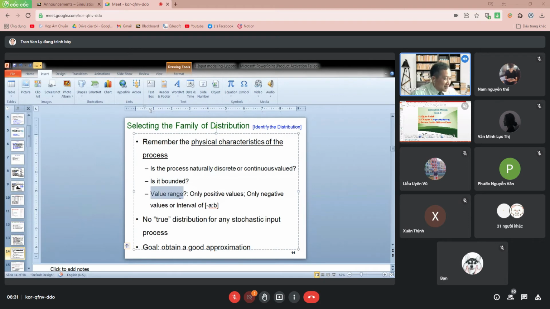Value ranges: only positive or negative? Do you have a limit or not? What does it mean to have a limit? For example, you observe our students graduating from our school. The minimum might be 3 years; after 3 years, they graduate.